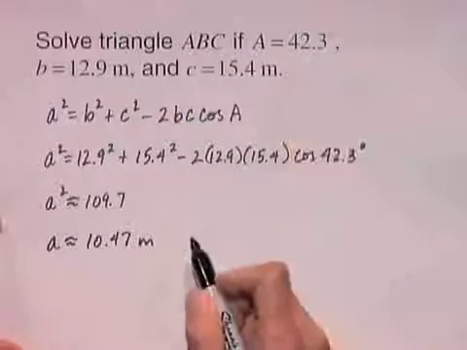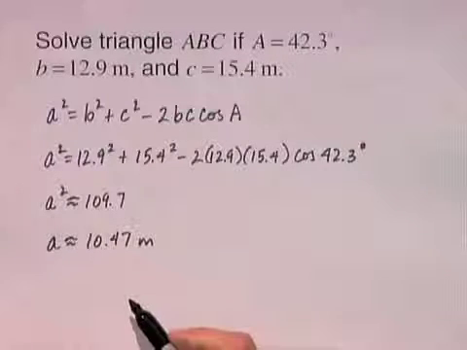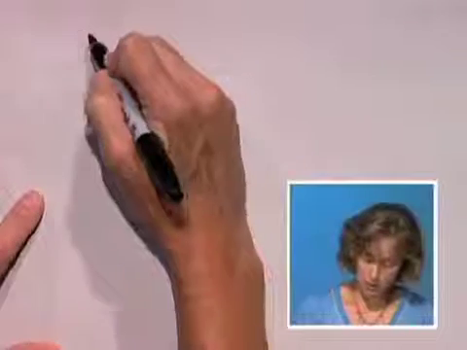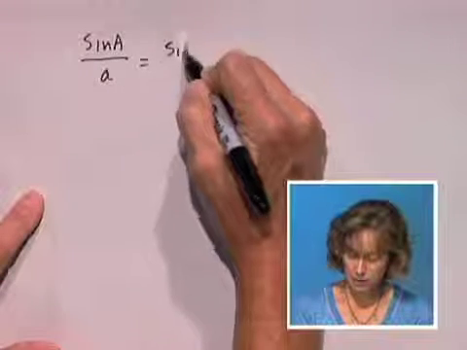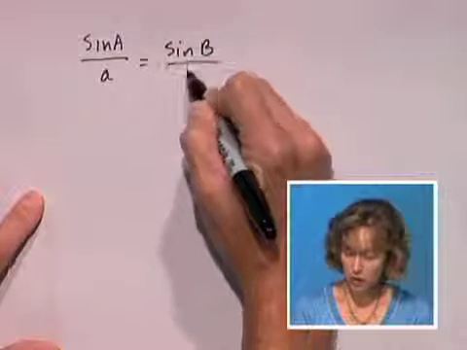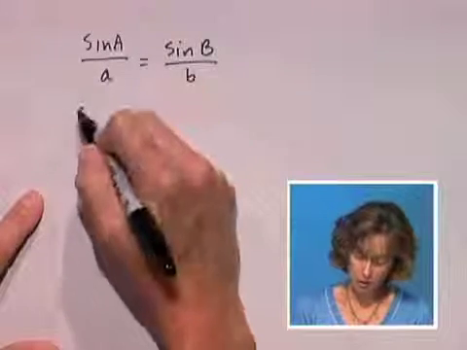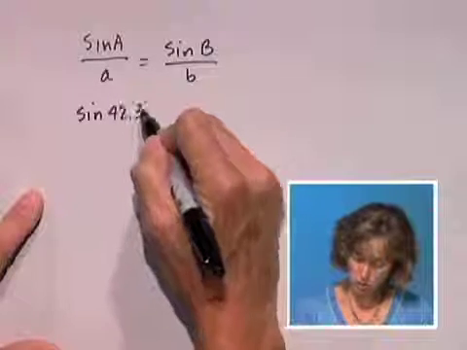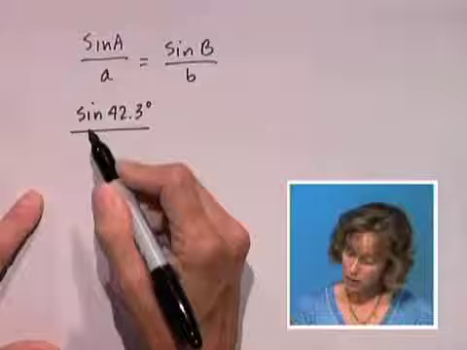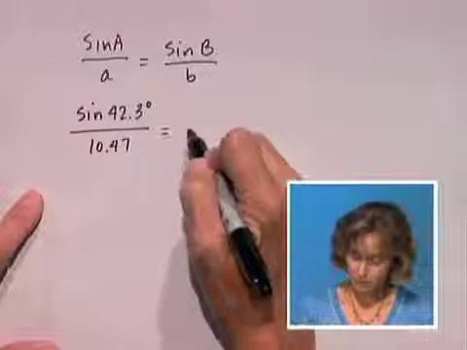So I've got side A, side B, side C, and angle A. I need to find another angle. Using the law of sines, let's look for angle B. Using the reciprocal of the law of sines, I know that sine angle A over side A is sine angle B over side B. Recall that I'm looking for angle B. I know angle A, and if you look back at the given information, you'll see that it's 42.3 degrees. I just found side A to be 10.47.